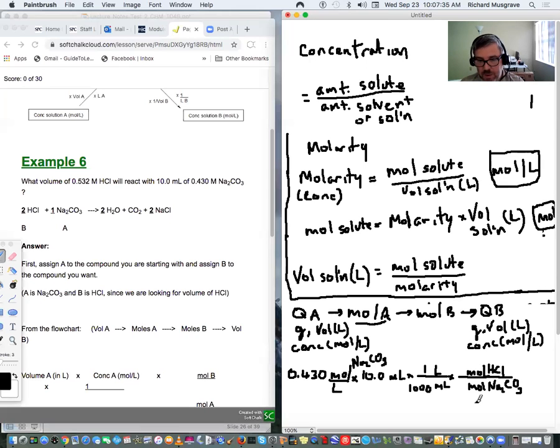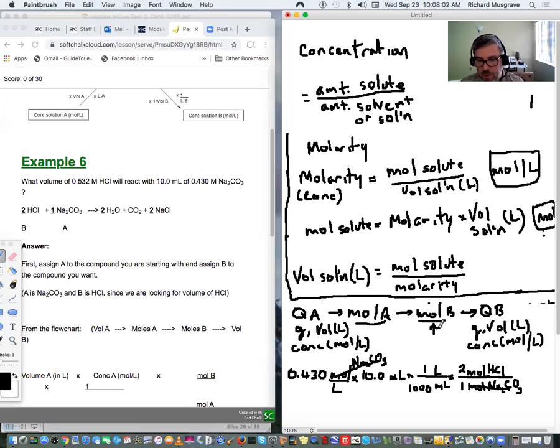The reason I'm doing that is because I know I need moles of HCl. That's going to be the next step, and the moles of Na2CO3 will end up cancelling. But what's the relationship between these two? We get that from the reaction, and you can see it's going to be 2 moles of HCl for every 1 mole of Na2CO3. And at this point, this is where we're at.